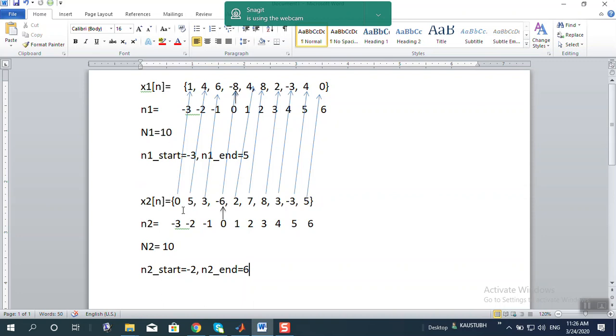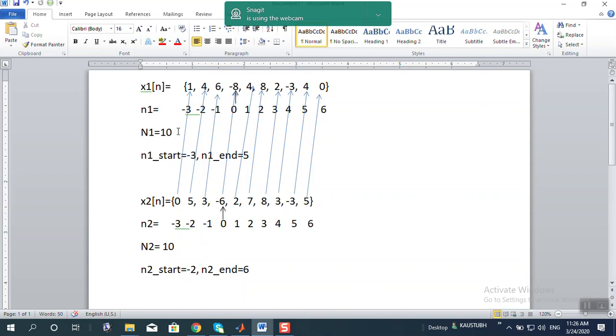But here it needs a 0. So how can we decide? The first signal's n1 start is at -3, then n2 start is at -2. That means the minimum of these two is -3.